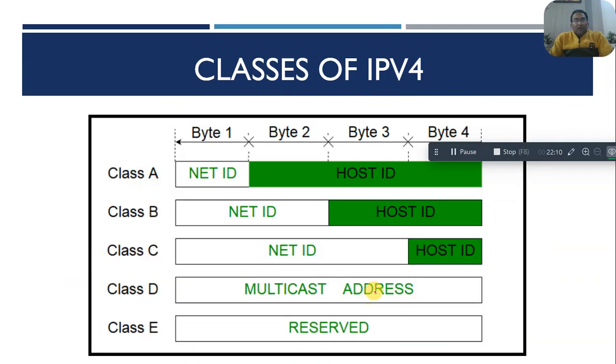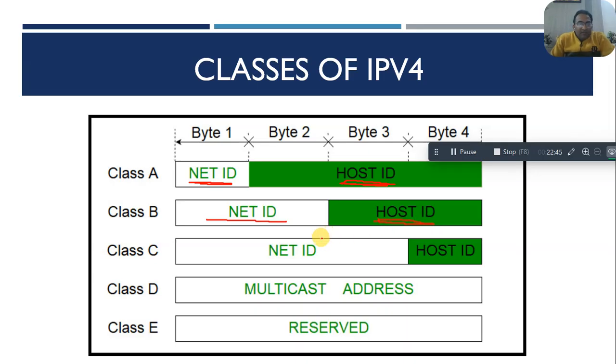Now these classes say something about the network ID and the host ID. As we have seen, in class A the first octet tells us about the network ID, and the remaining 3 octets tell us about the host ID. Similarly, in class B, 2 octets define the network ID and 2 octets define the host ID.